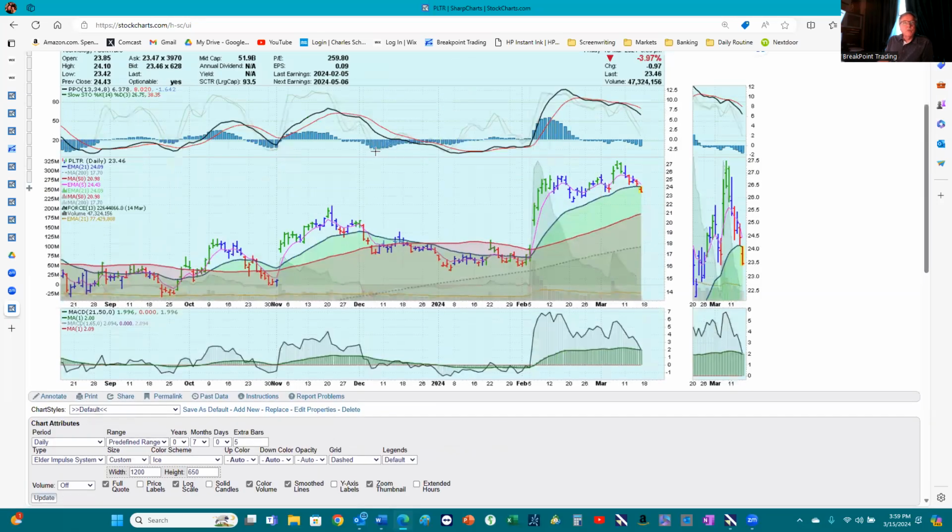All right, so whenever these cross, especially if this has been below the zero line, which in this case it was, and it crosses above, and you get green bars down here, and the force indicator, which I covered in the last session, down here crosses above the zero line.